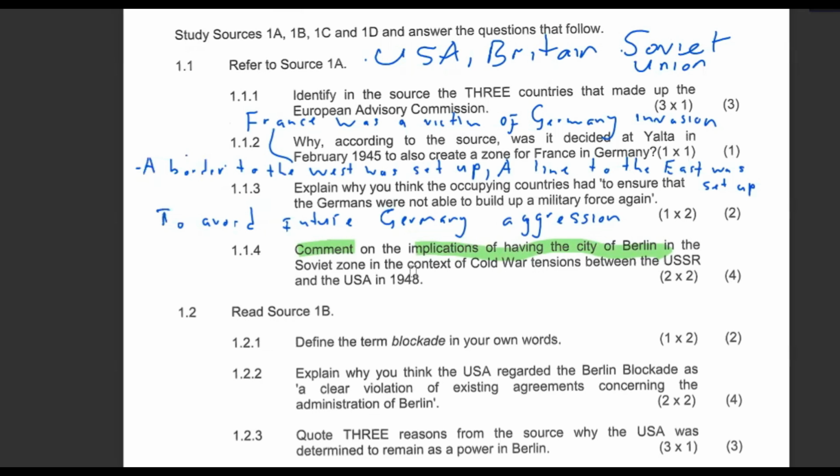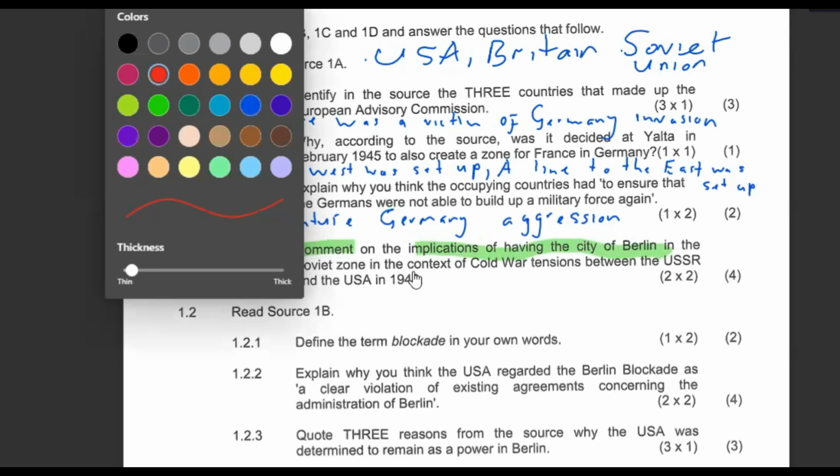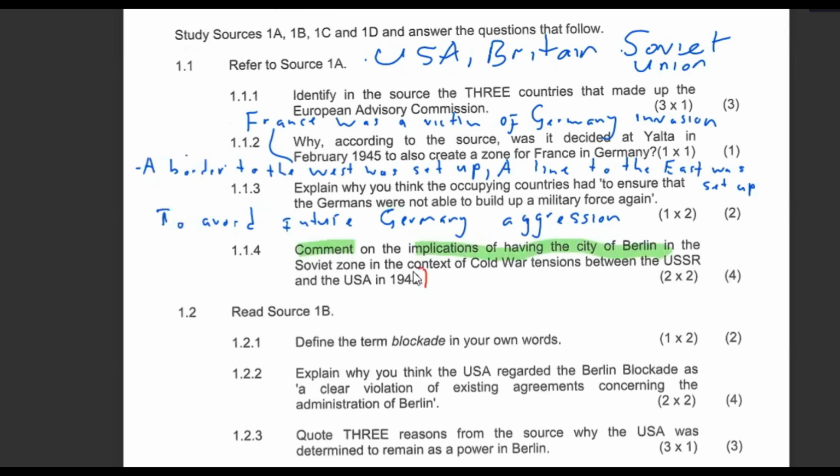So you can say that the Berlin Wall, which was set up by the Soviet Union, would prevent Western influence.